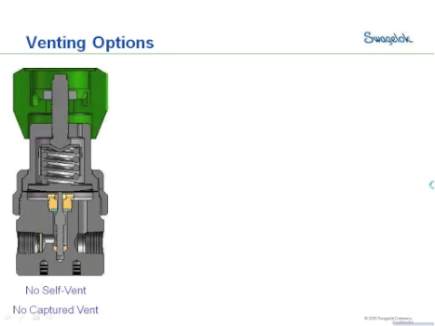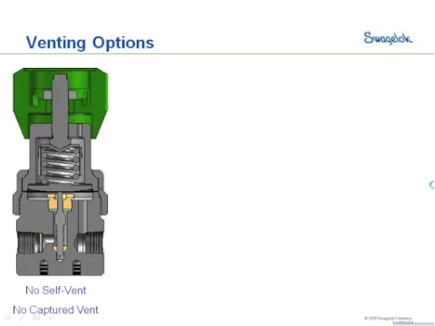There are typically 4 venting options when you're looking at the possible regulator for the application. The first is a very standard non-self-venting regulator with no captured vent. So this is the regulator that if there is no demand downstream, we won't be able to back the pressure off at the regulator.